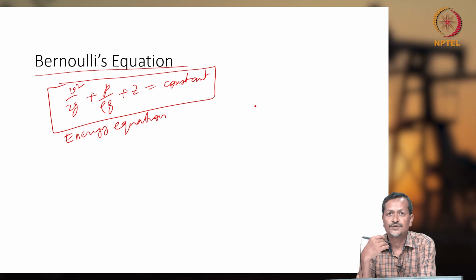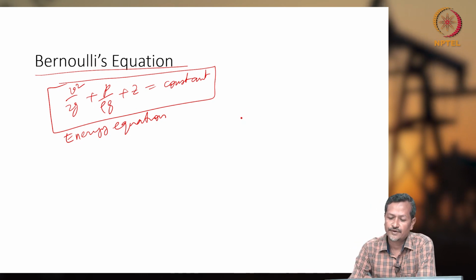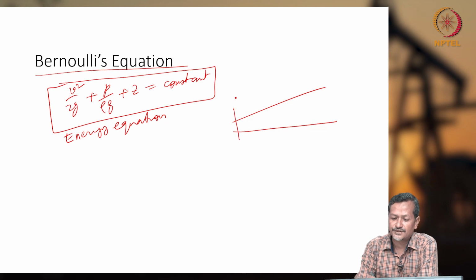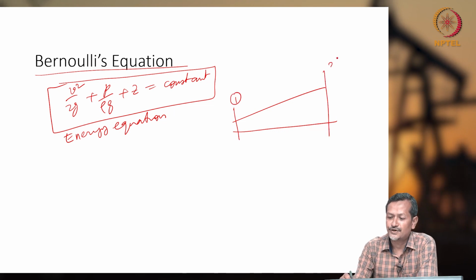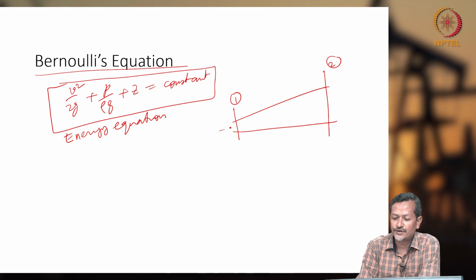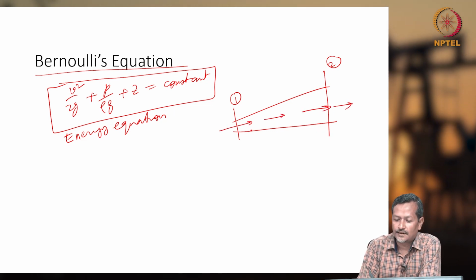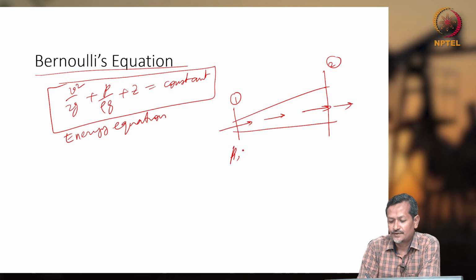Now this equation is related to pipe flow. Let's say if I have one pipe like this, and this is condition 1, this is condition 2, and fluid is flowing like this. So P1 is here, V1 is here, M1 is here.